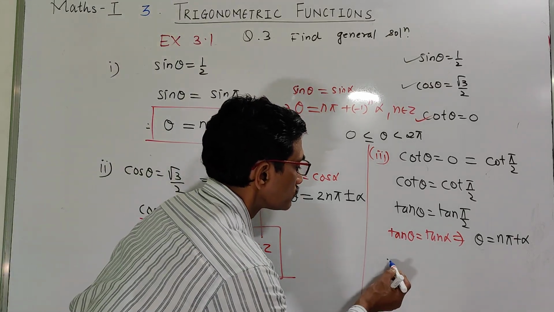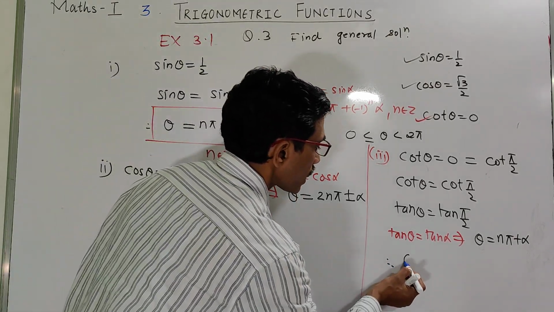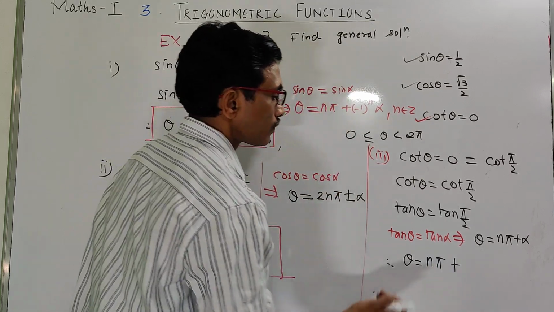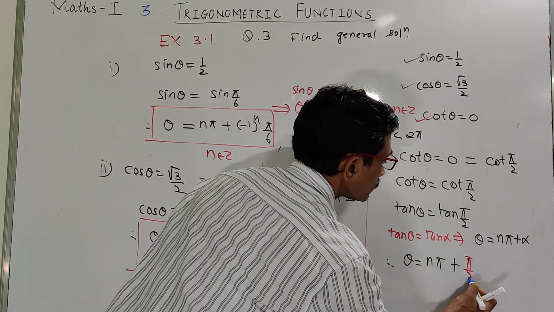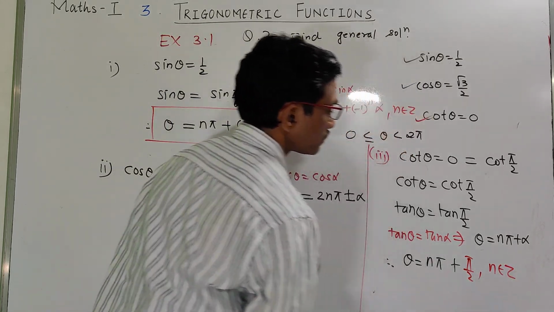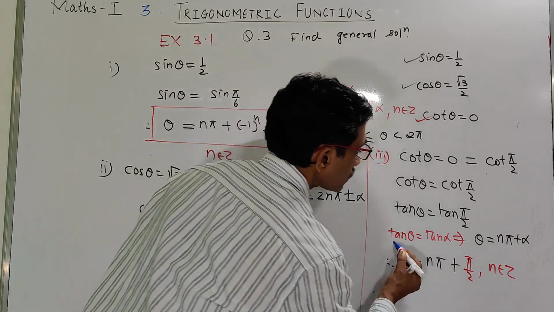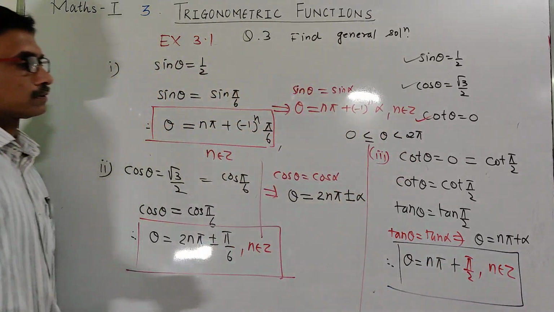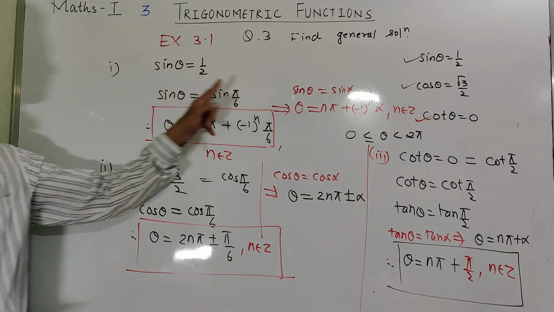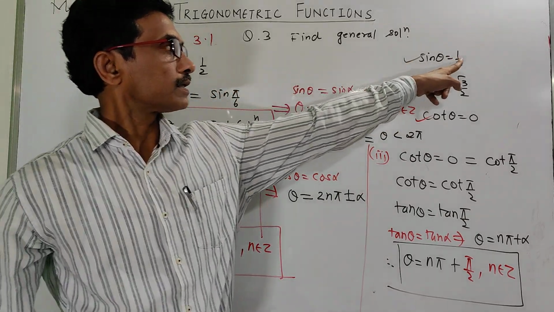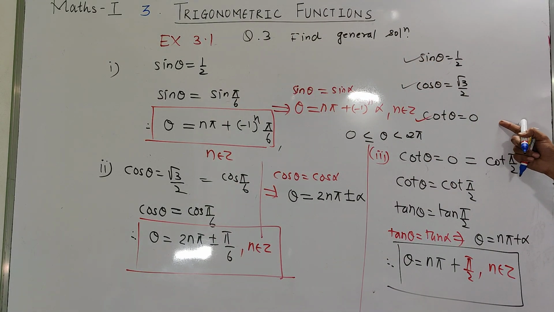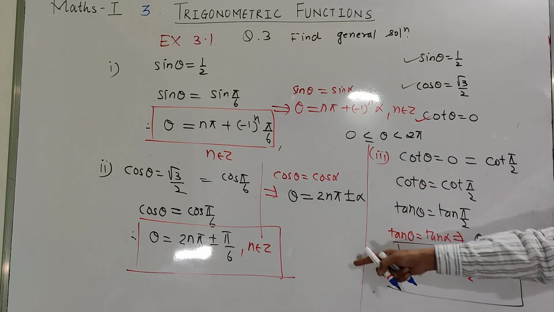Therefore, our answer is theta is equal to n pi plus pi by 2, where n belongs to Z. And this is the general solution of this third question. So thus we did sin theta is equal to 1 by 2, cos theta is equal to root 3 by 2, and cot theta is equal to 0. These are the general solutions.